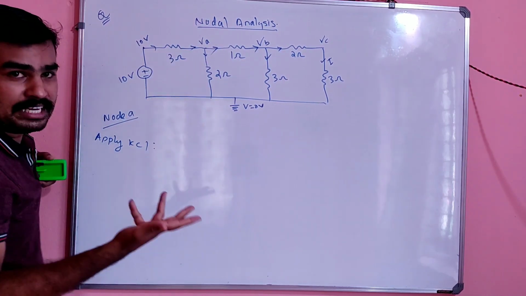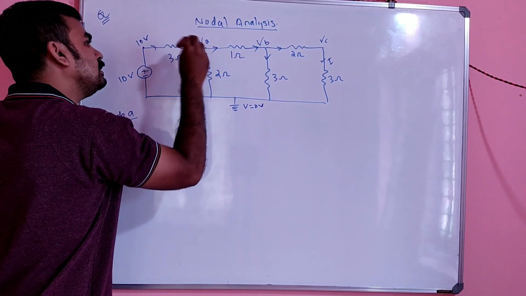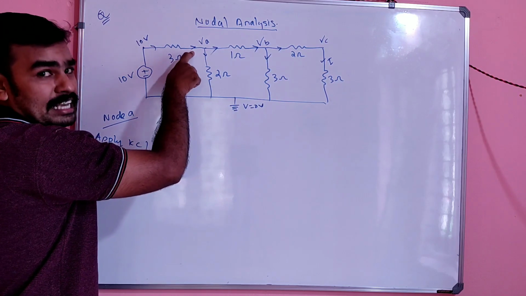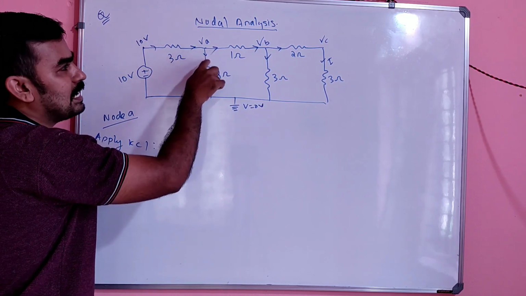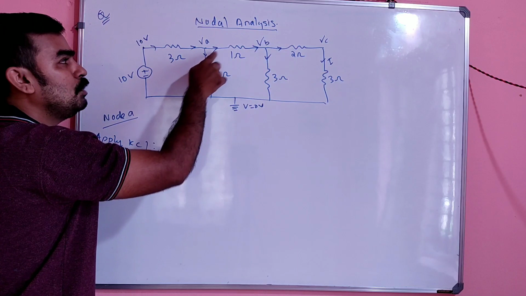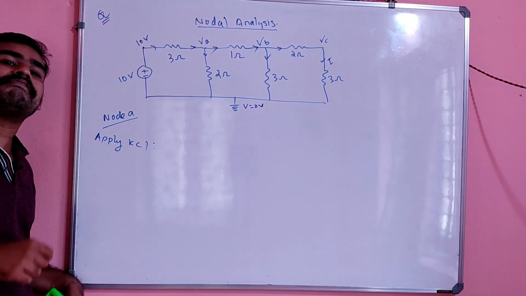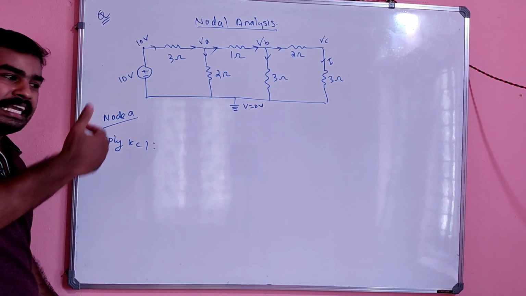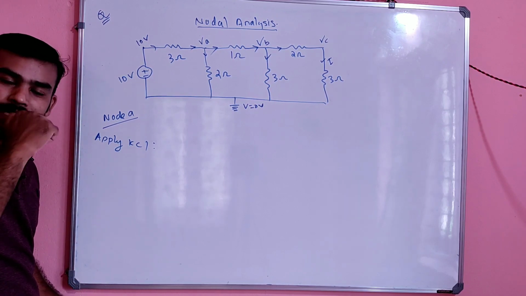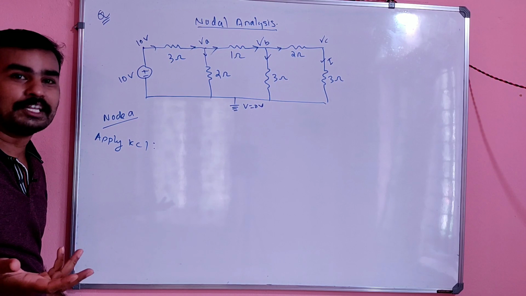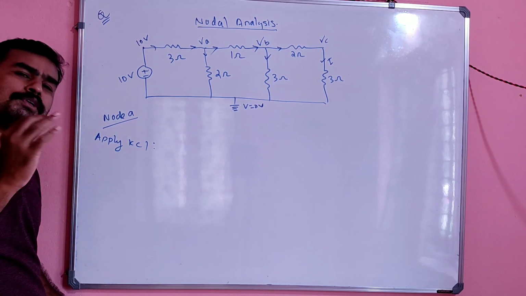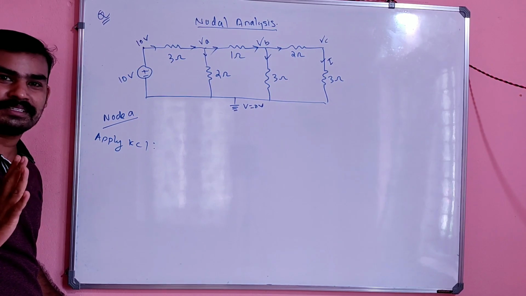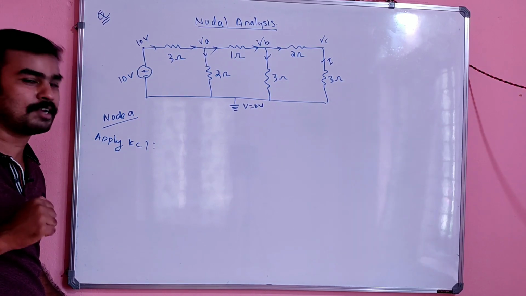I randomly assumed initially, but when I focus on this node A, I feel that one current is incoming and 2 others are outgoing. According to KCL, incoming current is taken to be positive and outgoing current is taken to be negative. Also current always flows from higher potential to lower potential. That is the concept, so you have to remember these two things.